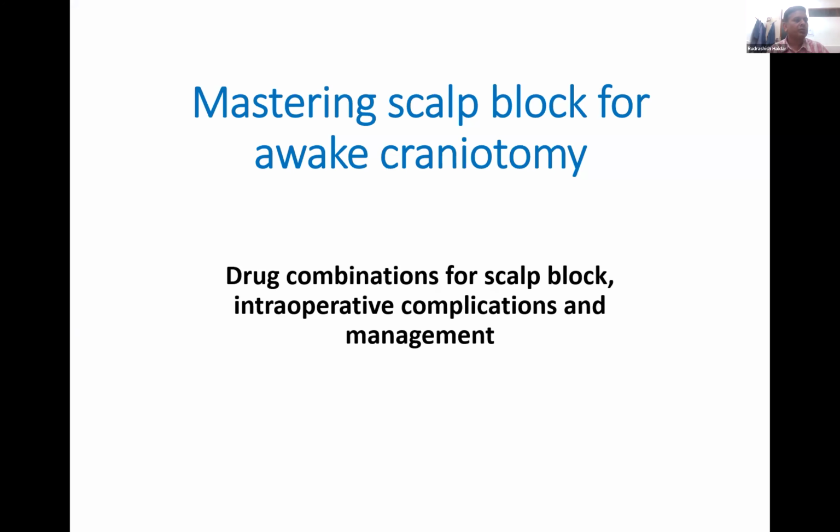So, awake craniotomy allows us to preserve brain function during tumor resection, and the scalp block is the backbone for awake craniotomy. Unlike general anesthesia, this approach lets the patient cooperate during brain mapping, and we can imagine it as hitting pause when the surgeon needs feedback from the patient.